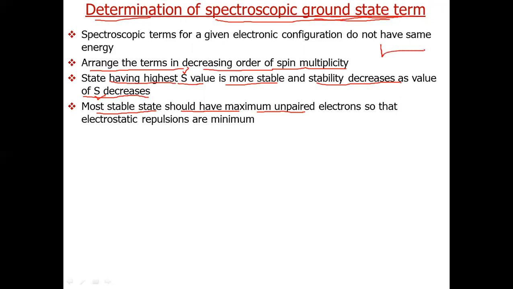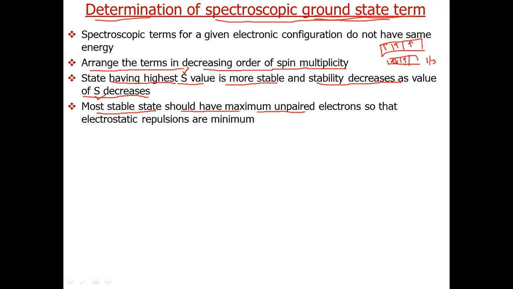You can see here. Suppose we have 3 unpaired electrons, half, half, half. So capital S is 3 by 2. If some of these are paired, so it becomes half, 0, half.